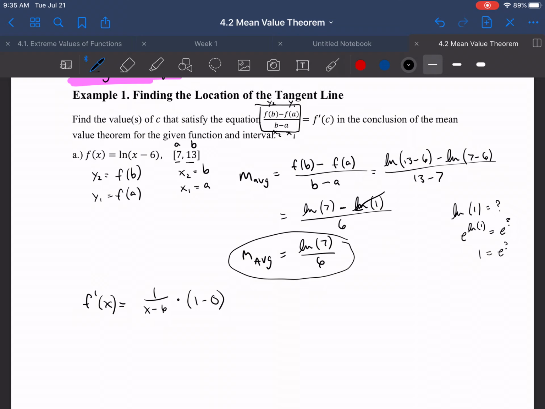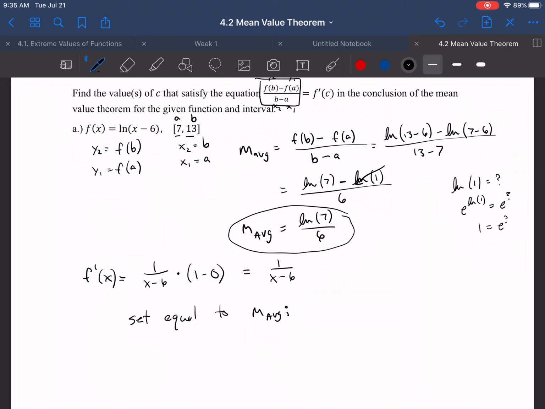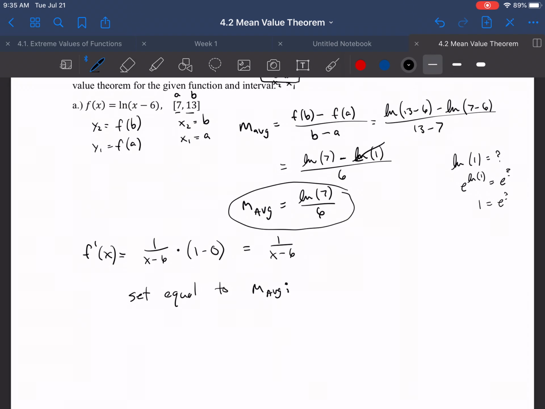So that's it right there. It's just 1 over x minus 6. There's our derivative function. Now we want to set that equal to the average. So this means what we'll have is 1 over x minus 6 equals the natural log of 7 over 6.